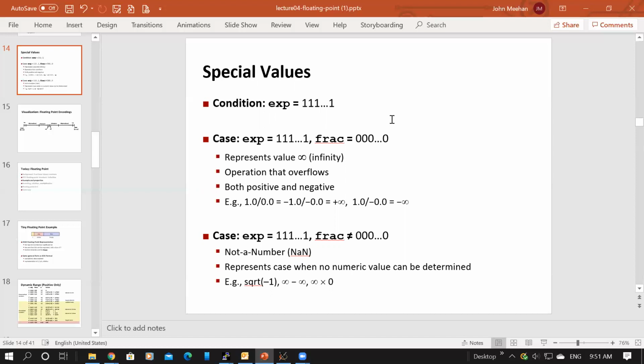And so we reserve the encoding of all ones in the EXP field and all zeros in the fractional part to symbolize infinity, and then flip the sign bit on or off to mean positive or negative infinity. If it's all ones and not all zeros in the fractional, that's an encoding that means not a number.